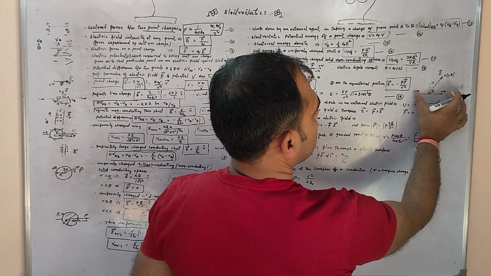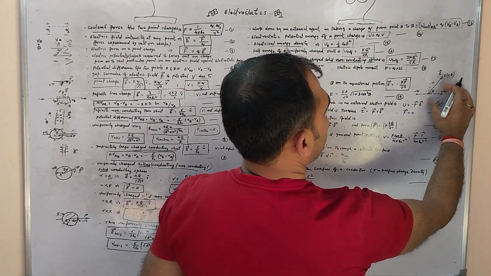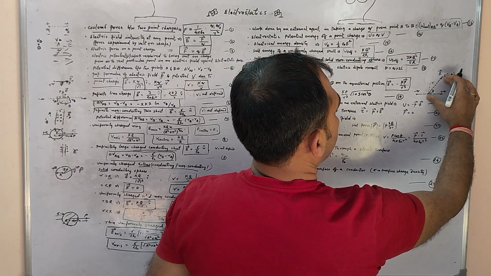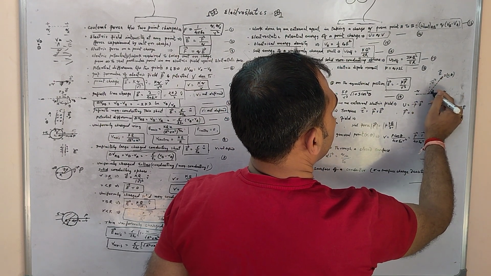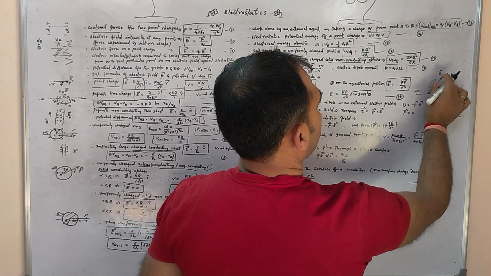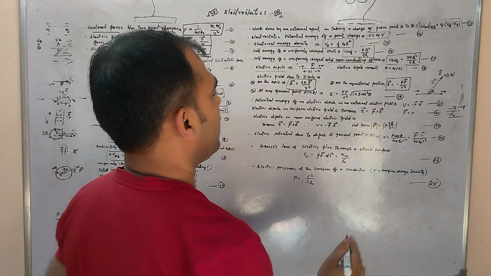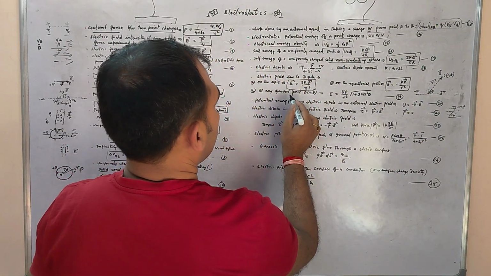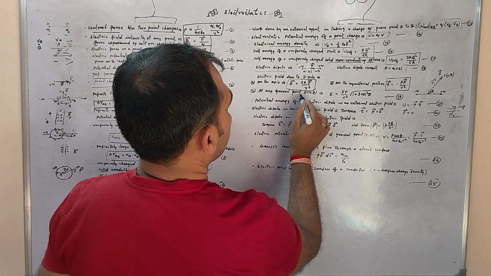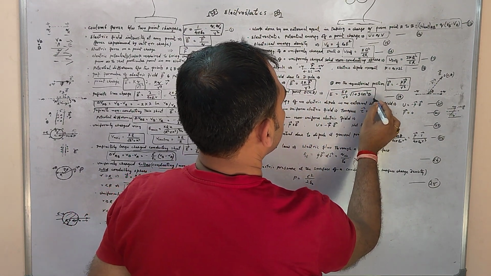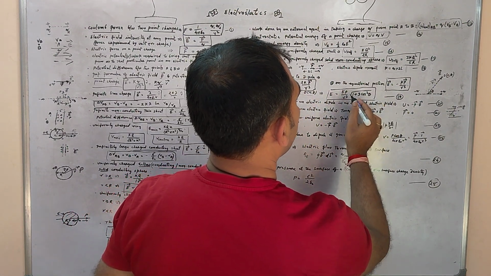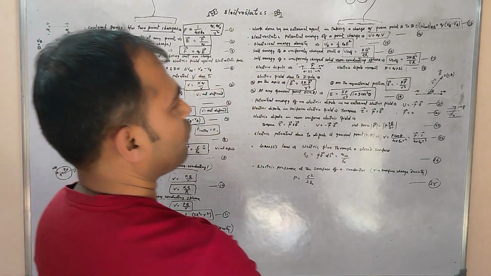This is the axis of electric dipole and this is position vector r making angle theta. This is the theta. Then electric field at any general point (r, theta) will be given by kP by r cube, root of 1 plus 3 cos square theta.